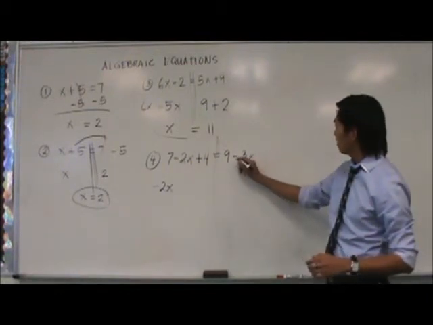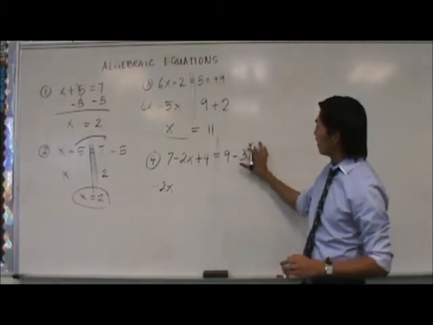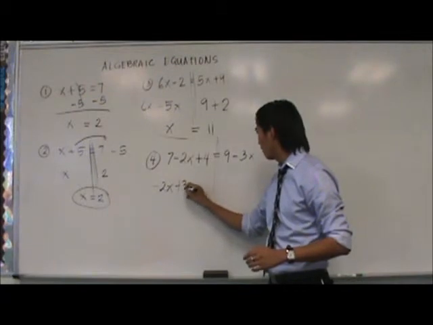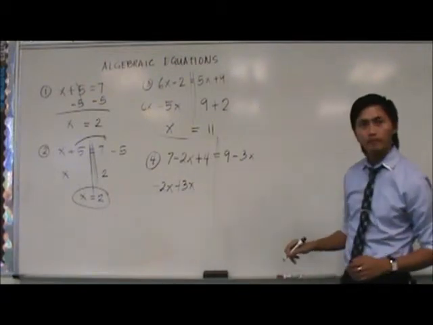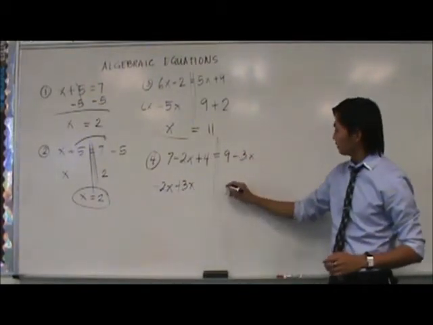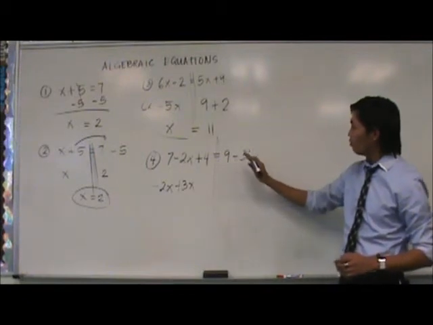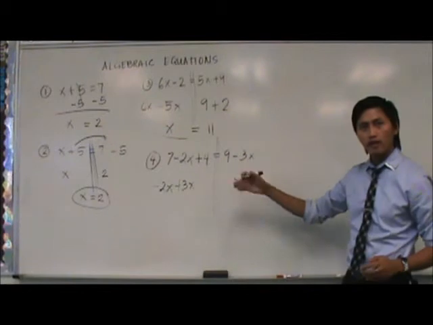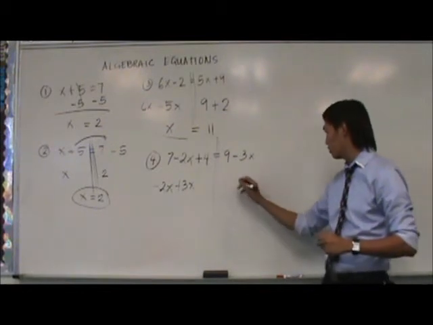And now, see that negative 3x? Move that over the bridge, and that minus becomes positive 3x. And 9. We want 7, 4, and 9 on the same side of the equation.